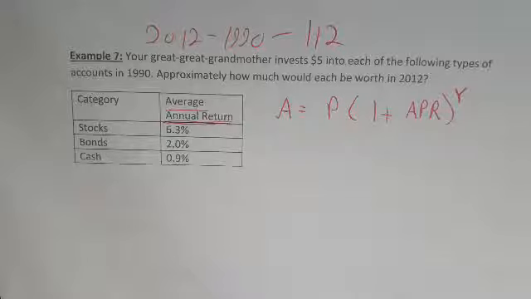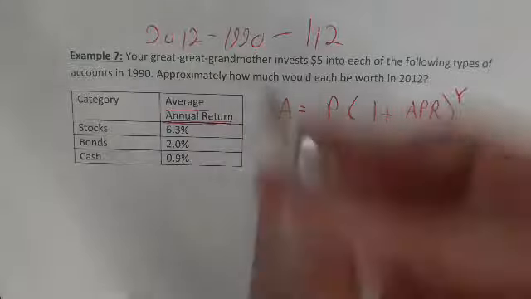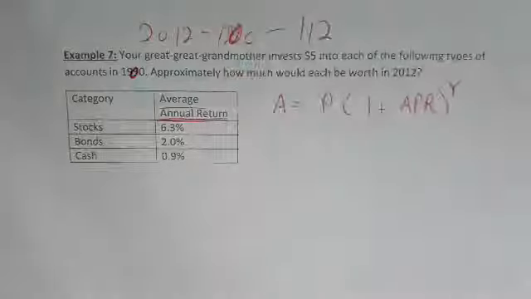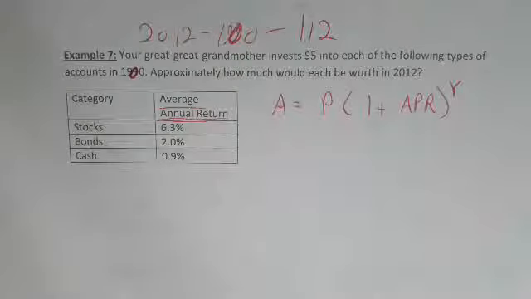Oh man, that's not right. I think I'm going to do 1900. Sorry. Would that make more sense? Yeah, okay, that's what I did in my notes. Sorry, so change this number. This will make more sense if it's your great-great-grandma, but she's living in the year 1900.